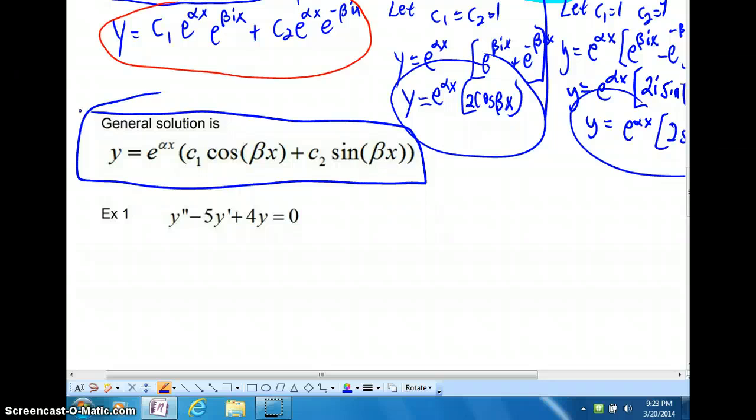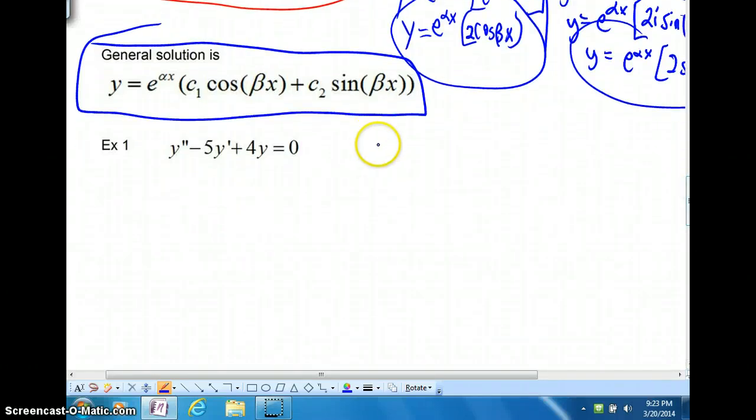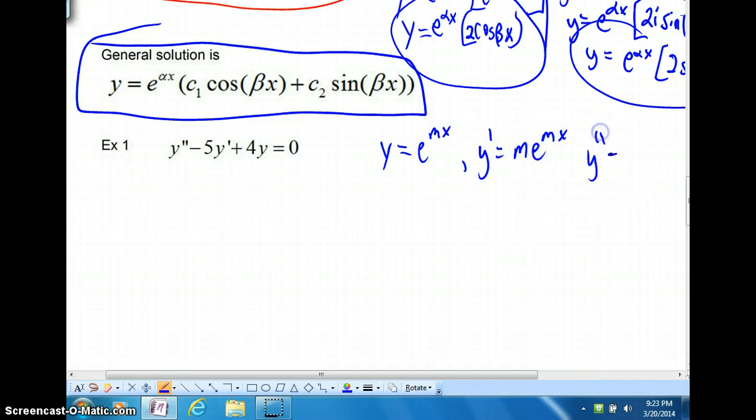Let's take a real close look at what's going to happen here. If we were to substitute in y equals e to the mx, that would lead to y prime being m e to the mx, and y double prime equaling m squared e to the mx.